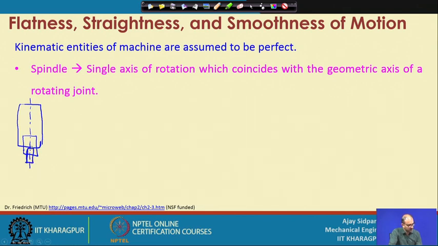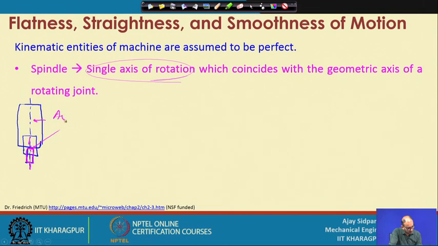These are the small sub-assemblies, and let me give a different color to the tool. So, this is the tool, and the tool also has one axis, correct. We assume this is a single-axis rotation, so this axis and this axis coincide.